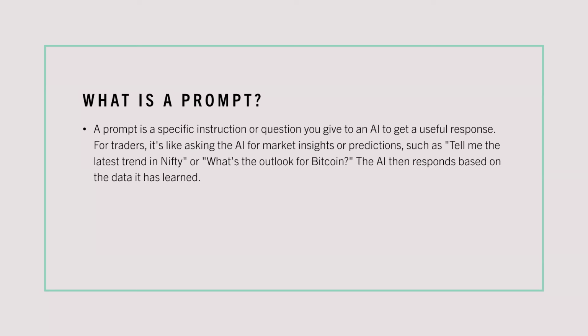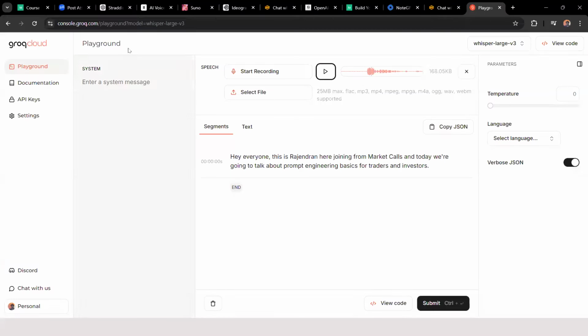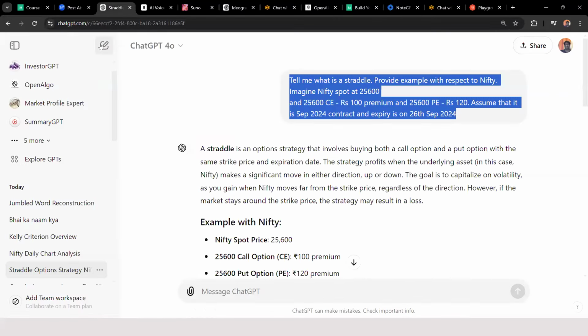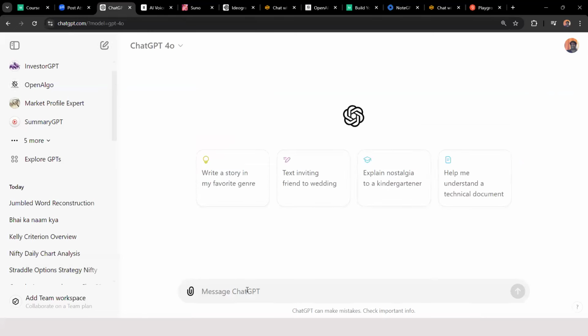For example, let's say I'll go to ChatGPT again. So here I'm going to ask a question. This time I'm going to say, tell me top 10 latest happenings in Indian stock market.